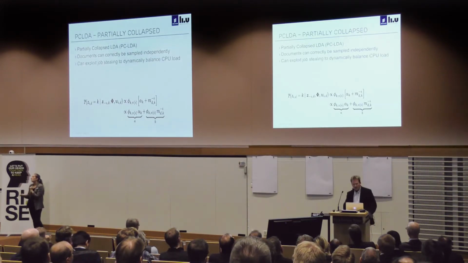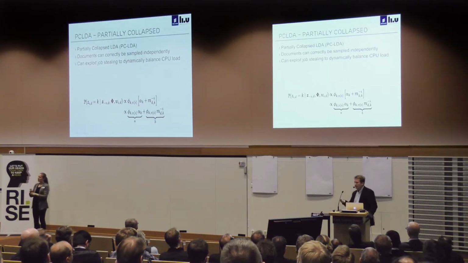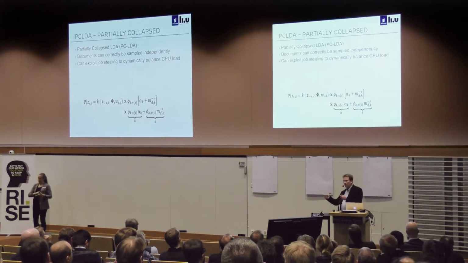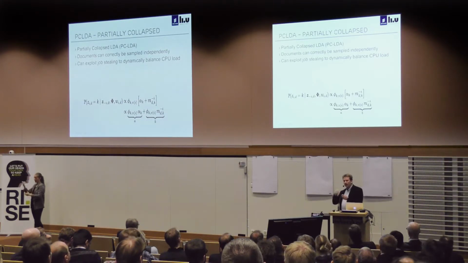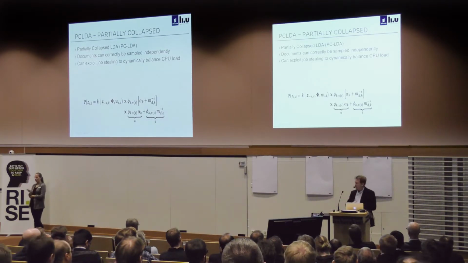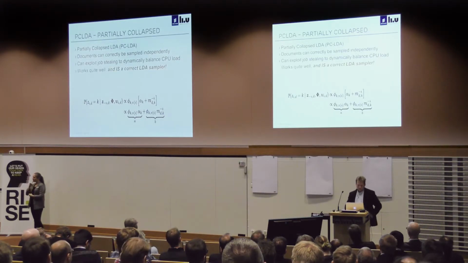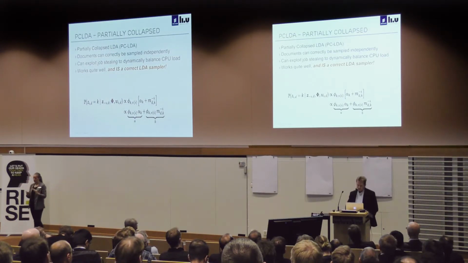This is also very nice because we can exploit so-called job stealing in this parallelization, which means that if we have one large document and a small one, and a thread finishes fast, it can steal documents from the other threads. And this turns out to be a real efficiency. This also works quite well, and it is in fact the correct LDA sampler.